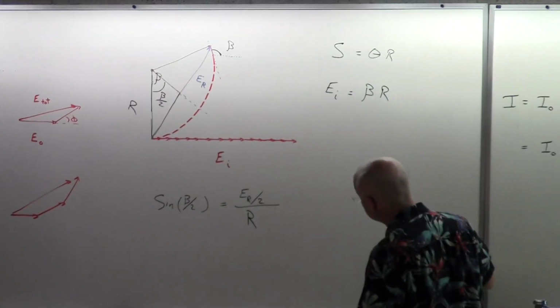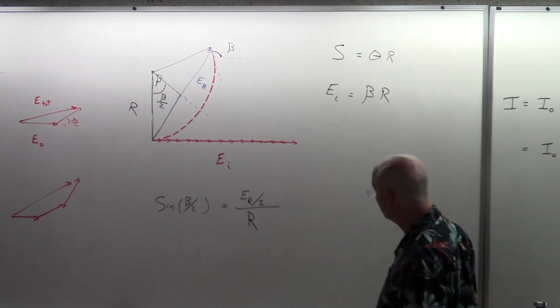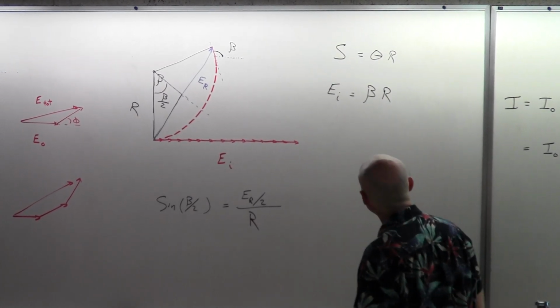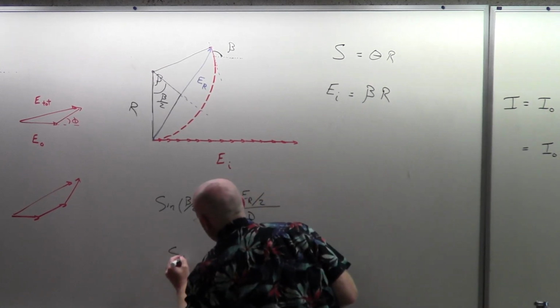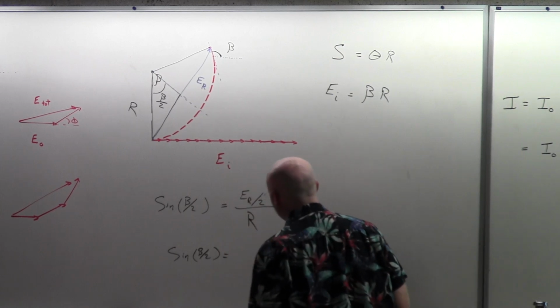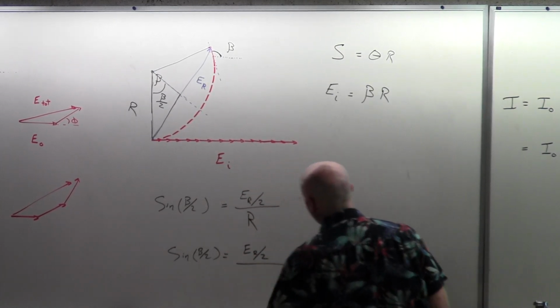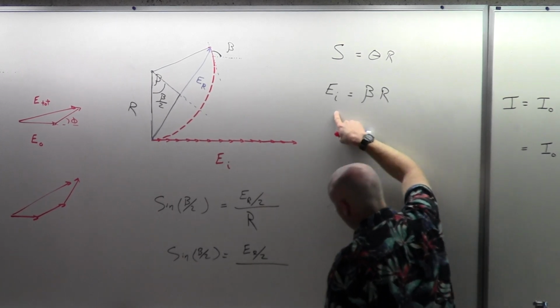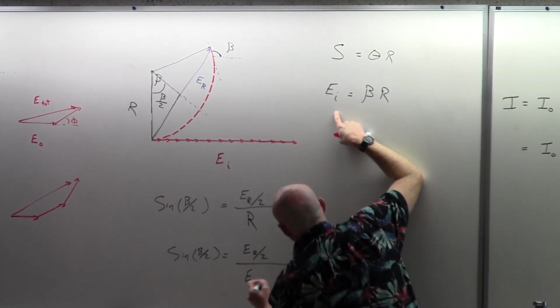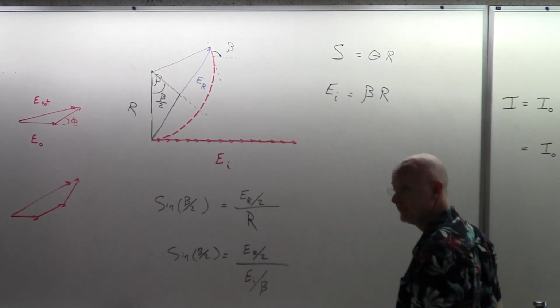And why that's nice is maybe I can get rid of my radius out of this equation. I can put these two equations together. And so I will. I will write this as sine of beta over 2 equals, and I'll write this as E_R over 2 still. But when I replace it with my R, I get an E_0 over a beta.